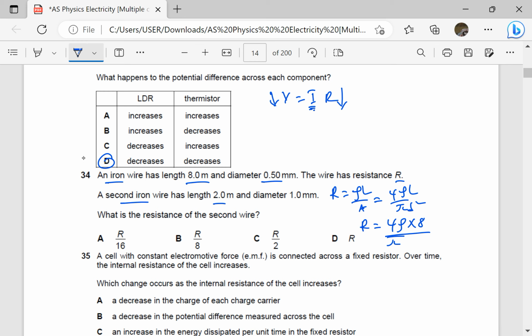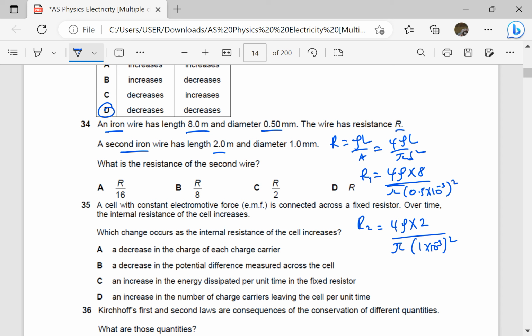So this is going to be times 0.5 times 10 power negative 3, squared. For the second wire, the resistance is going to be 4 times rho times its length 2 meters, divided by pi times the diameter 1 times 10 power negative 3, squared. So we simply combine these two to find the resistance of the second wire.